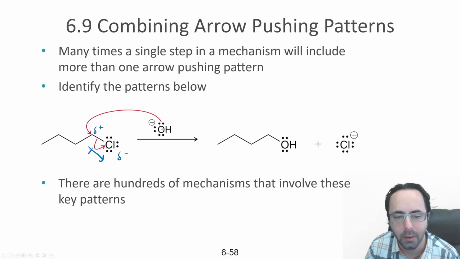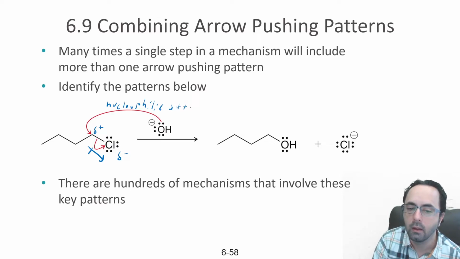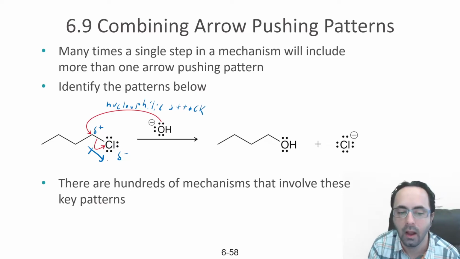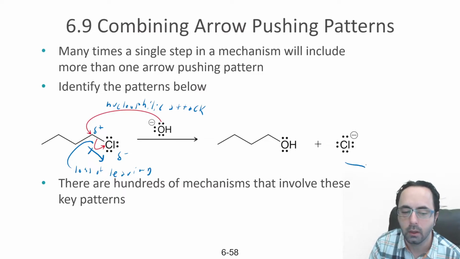Remember, nucleophiles are bases, and it has electrons it can donate as a lone pair to make a bond. So this one here is the nucleophilic attack. And simultaneously in this reaction, when the nucleophilic attack is occurring, also occurring is the loss of the leaving group. So the chlorine is leaving as a chloride ion.